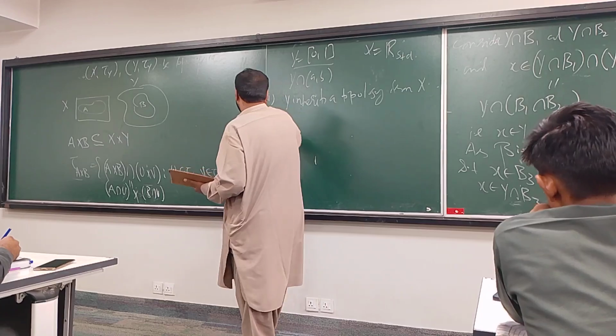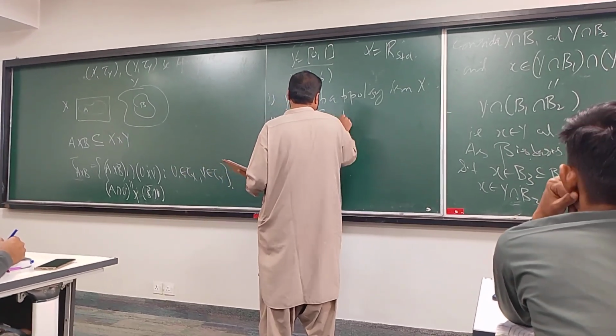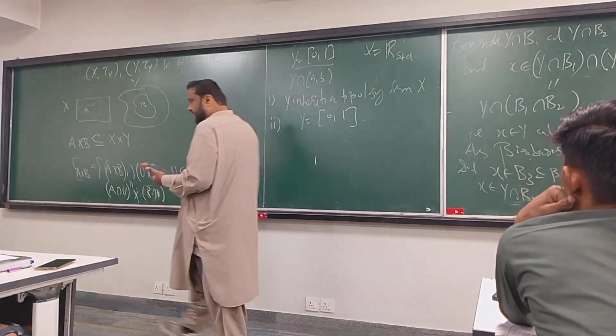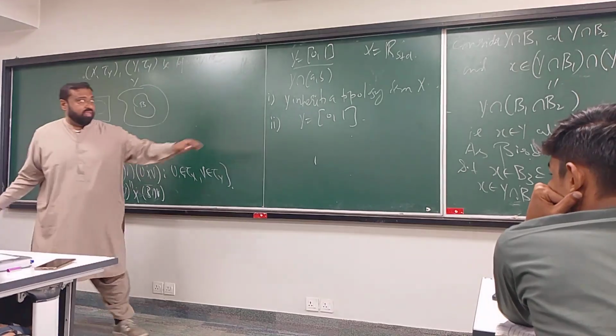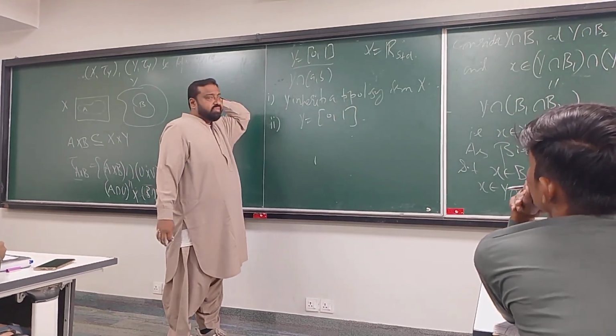But here is another thing. So take Y to be an independent set actually. Are you happy with this first example? Right? Okay.